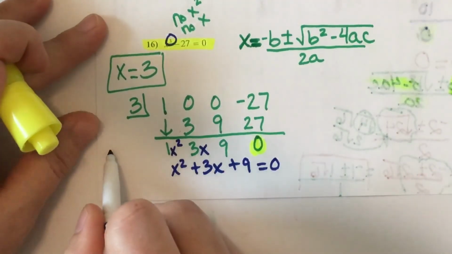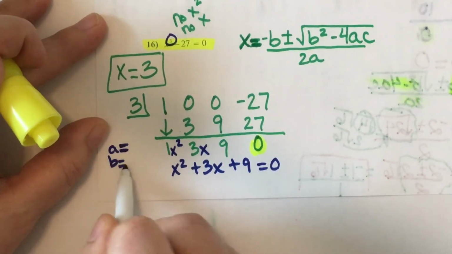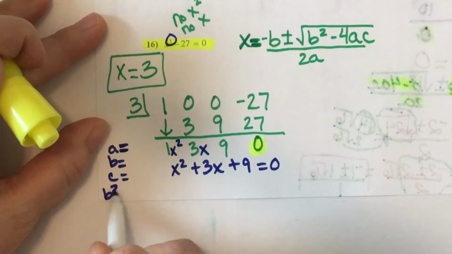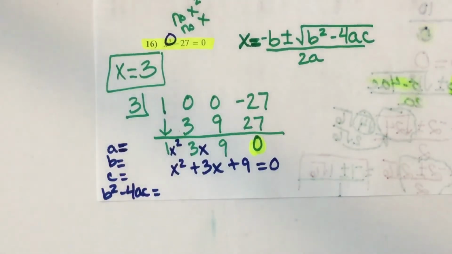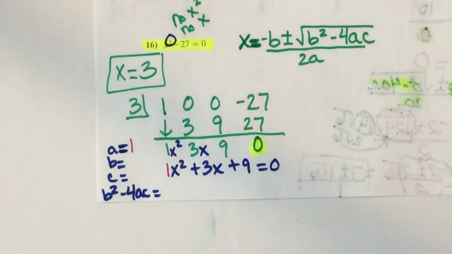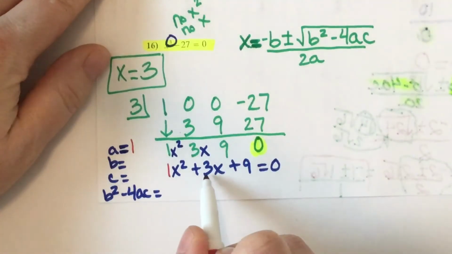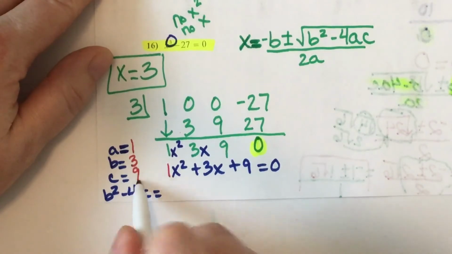Okay, so just over here, I'm just going to go ahead and do this for you. And b squared minus 4ac. All right, so tell me, who is the a? A is 1. That's the number in front of the x squared. You just don't see it. Who's b? 3. That's the number in front of the x. Who's c? 9. That's the constant.